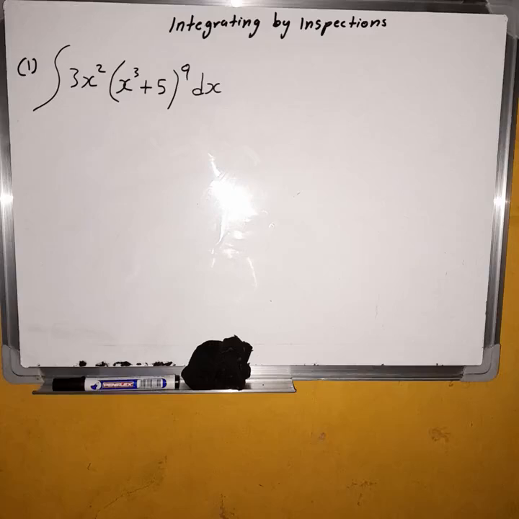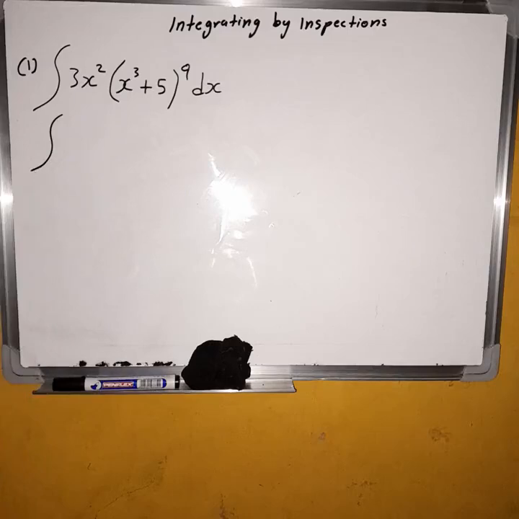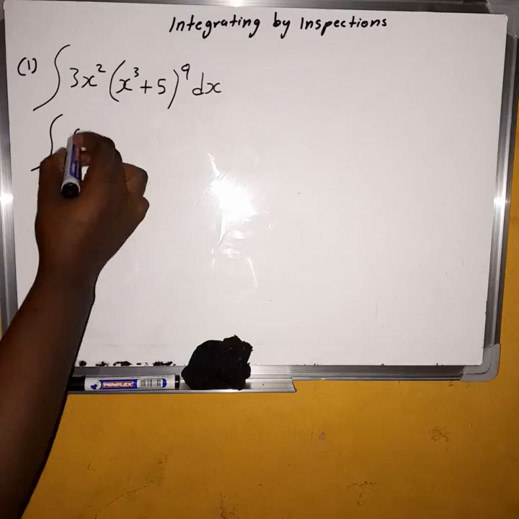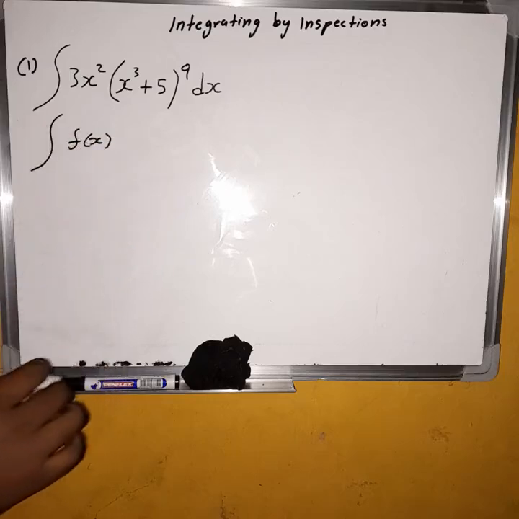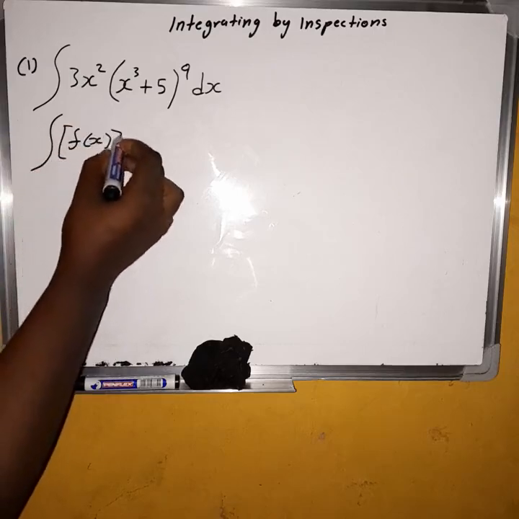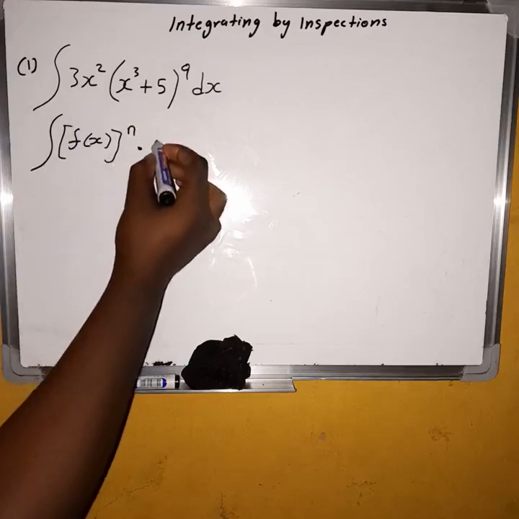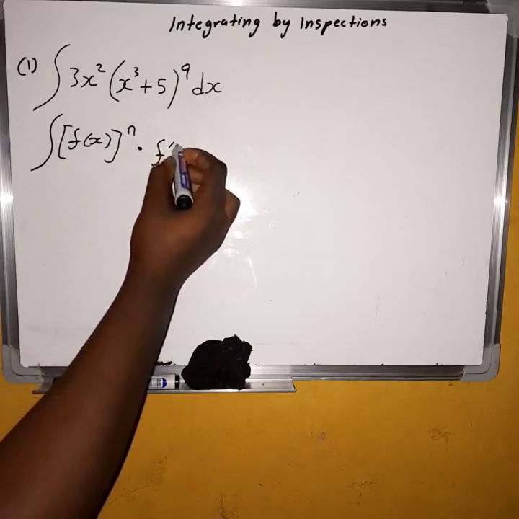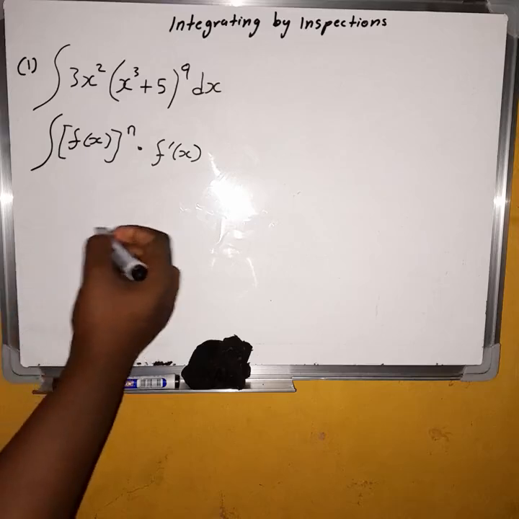The rule of inspection: you must know that if you're given the integral of f of x raised to the n, multiplied by f prime of x, dx, you must apply this formula.